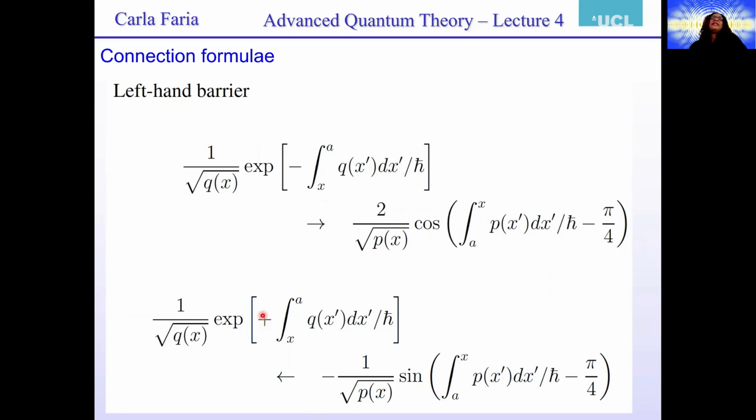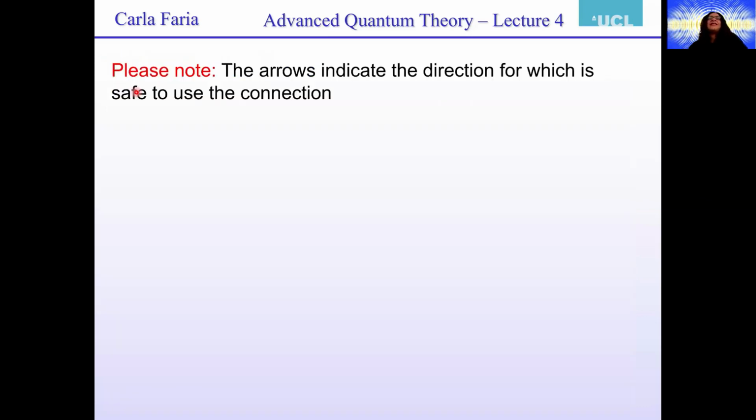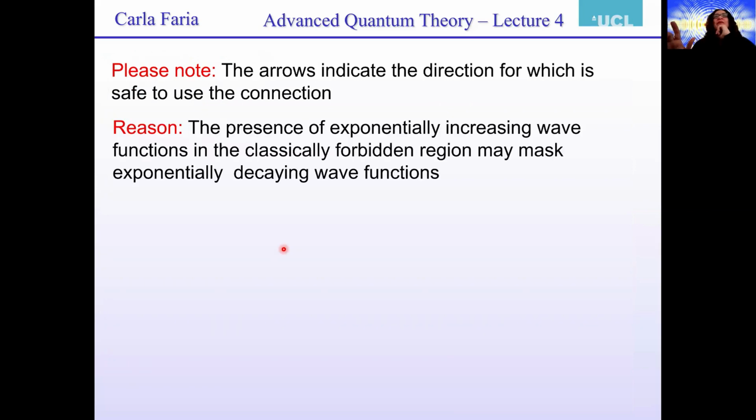So here is a left-hand barrier, which goes from classically forbidden to classically allowed. The one before was a right-hand barrier, classically allowed to classically forbidden. And coming back, the arrows indicate the direction in which it is safe to use the connection.